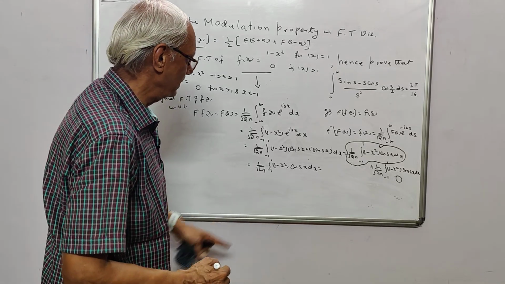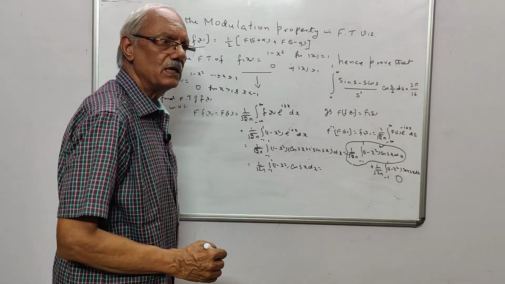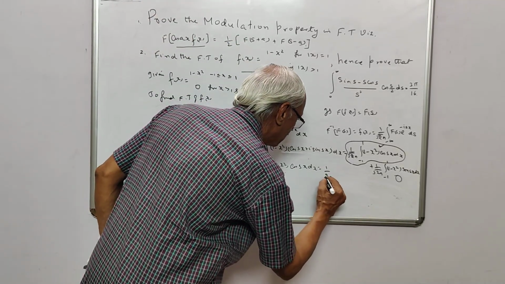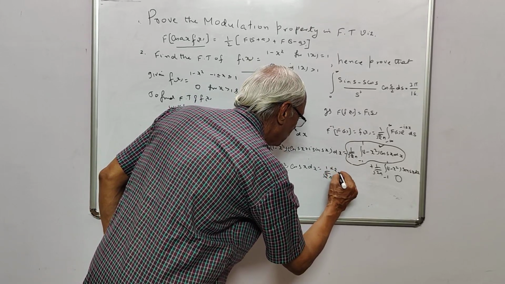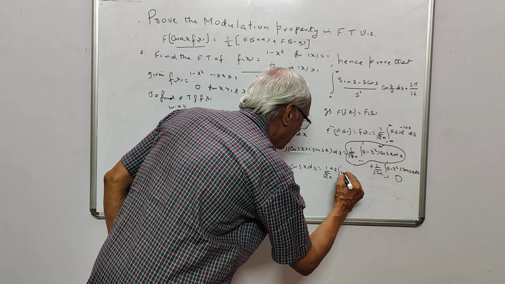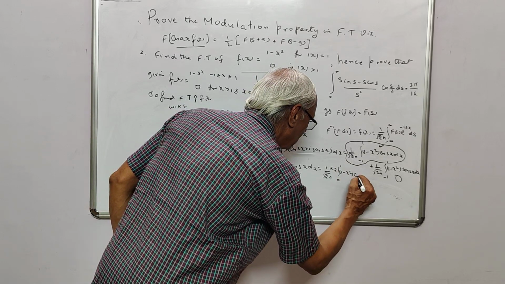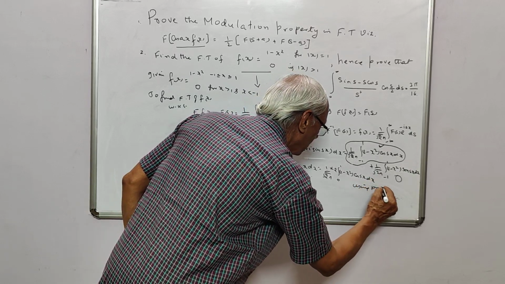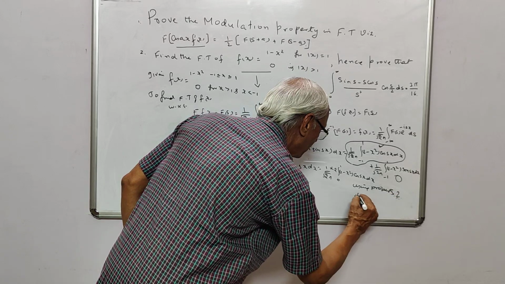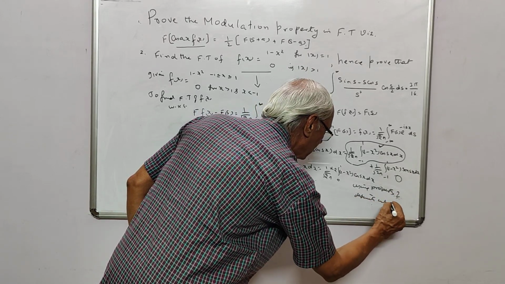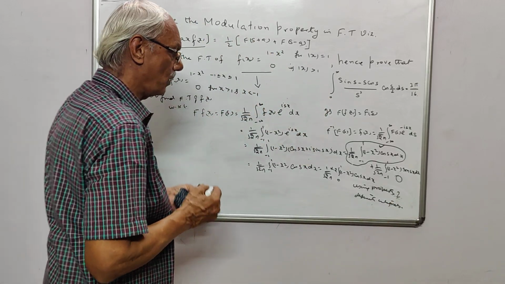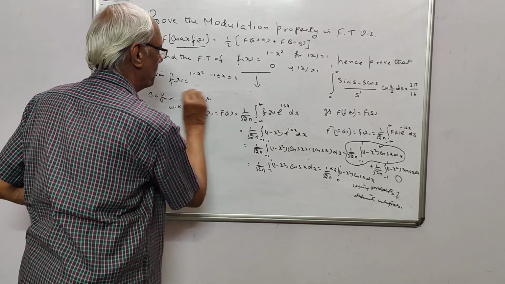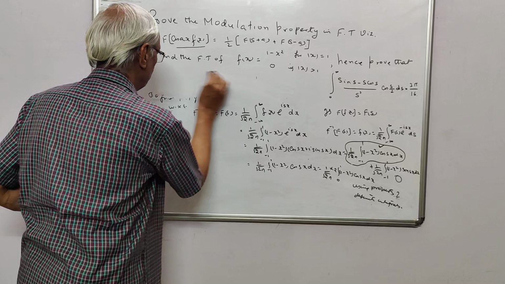But I have taught you another thing: if it is minus 1 to plus 1, using the property of definite integrals, I can write 1 by square root of 2 pi into 2 into the integral from 0 to 1 of 1 minus x squared into cos sx dx. So using the property of definite integrals, I am able to get this. Now I'll continue with the problem here.